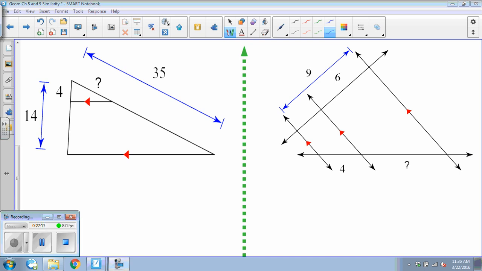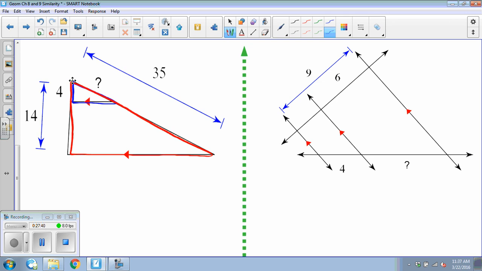Okay, so the one on the left. We have a smaller triangle inside of a bigger triangle, and they're similar, right? When you have one embedded in another, we know that they're similar. So this triangle is similar to this triangle. And so we set up a proportion like we normally do. I look at what they gave me.